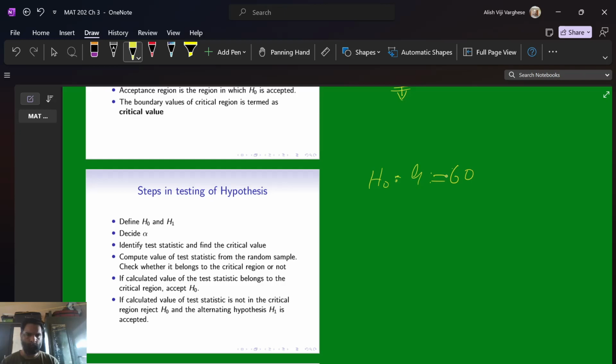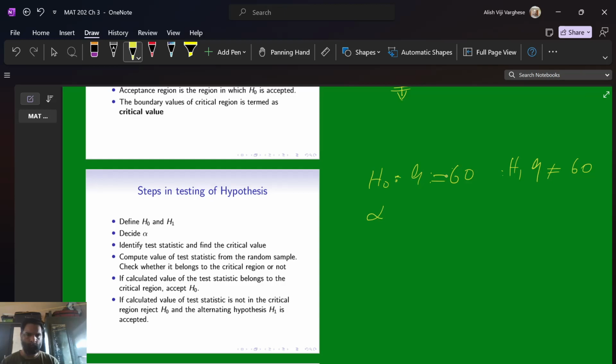Then we fix the alternative hypothesis like mu not equal to 60. The average mark is not equal to 60. That is our alternative hypothesis. There are other options like mu less than 60 or mu greater than 60. But you have to fix the alternative hypothesis depending on the nature of the problem. And here I just fixed mu not equal to 60.